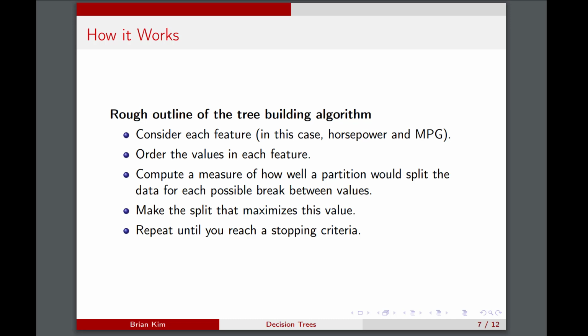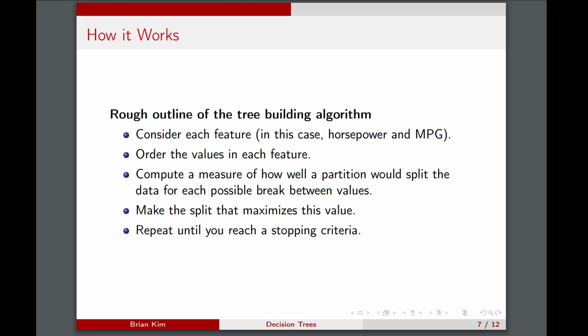values. And then it says, how well did that split do in splitting up the data set into successful and unsuccessful outcomes? How good is this at determining whether the ad campaign will be successful or unsuccessful? Basically it considers every single split, and then it makes the split that maximizes this value.